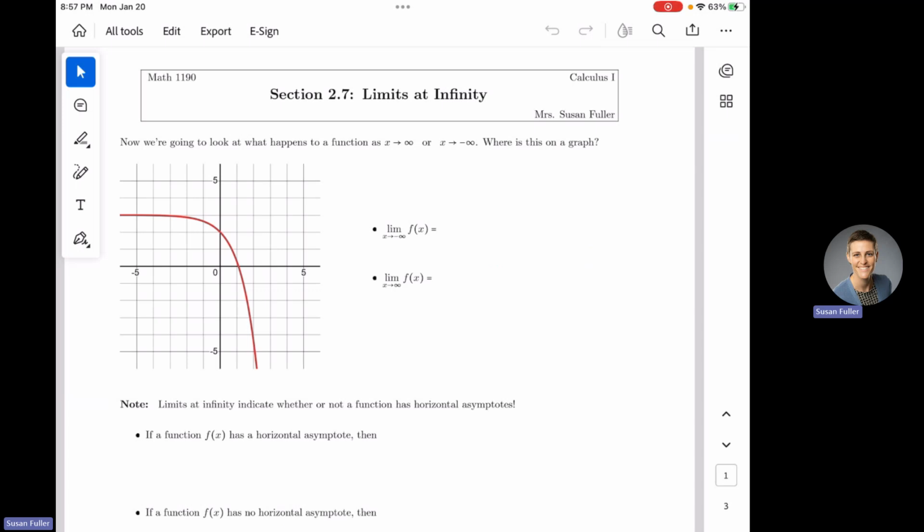But what's different here is that our x value, that is the thing that's heading toward infinity or negative infinity. Now, if we were going to do that, I've got a function here, right? This red thing is y equals f of x. That's the function that's graphed here. I want to know what the limit as x approaches negative infinity of this function is.